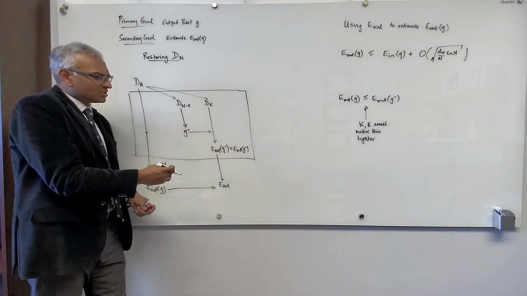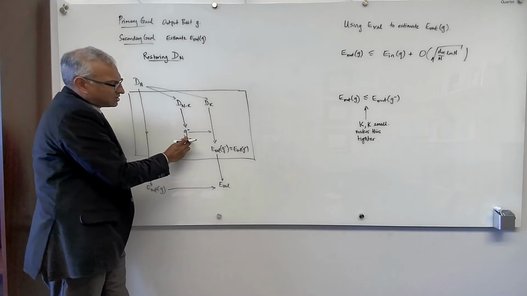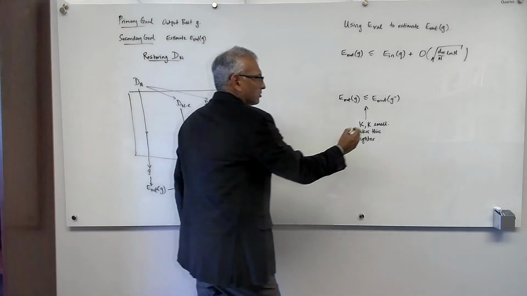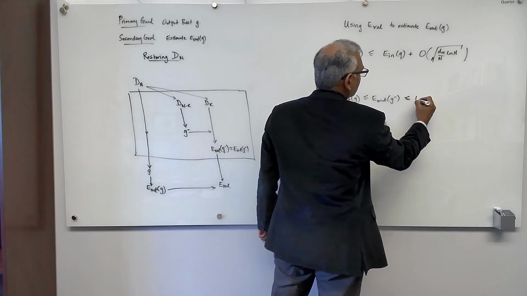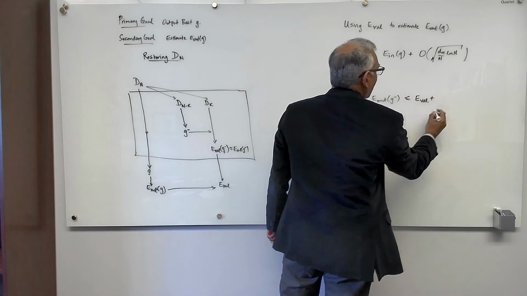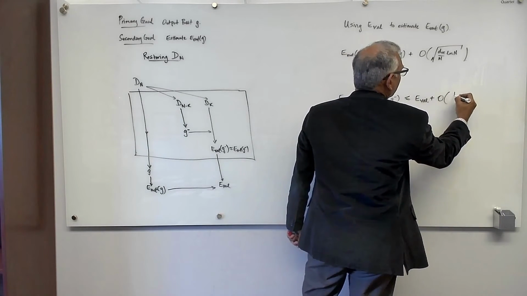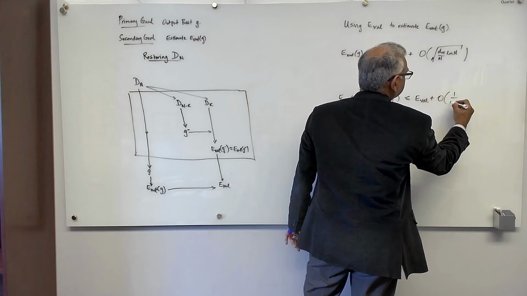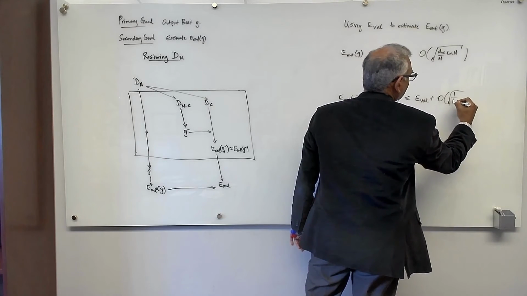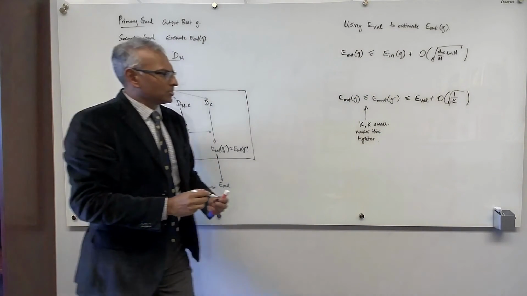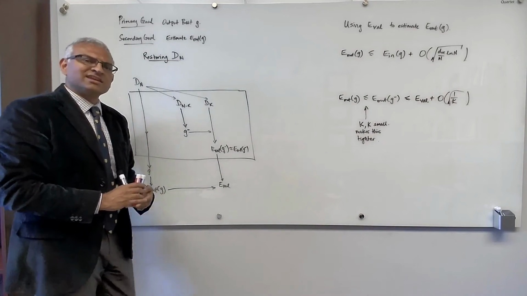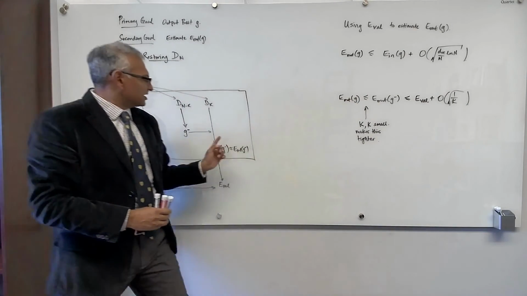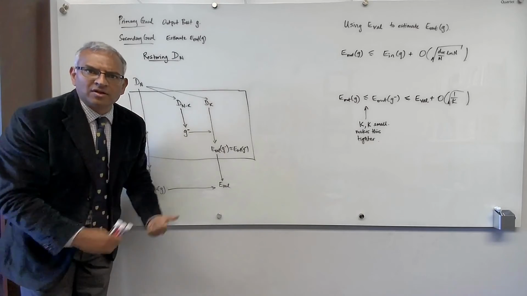We're in a verification setting where the validation error is attempting to verify G minus. So this guy is going to be less than or equal to E val plus order of the square root of 1 over K. And that's the single hypothesis Hoeffding error bar with a data set of size K used to verify.